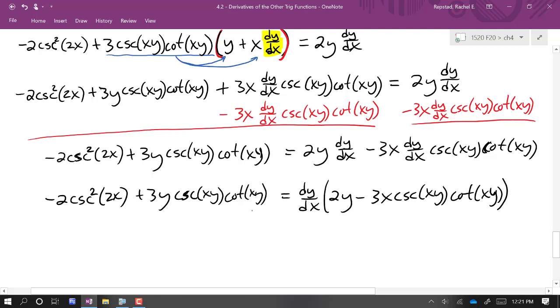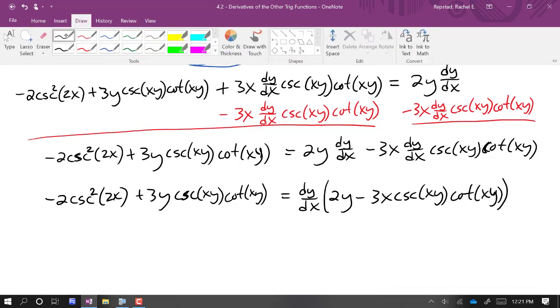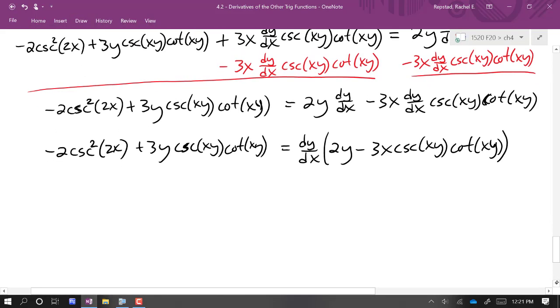And now, the very last step is we just divide both sides by the stuff in those parentheses. And when we do that, we get our final result.